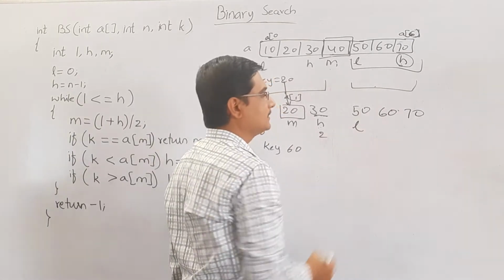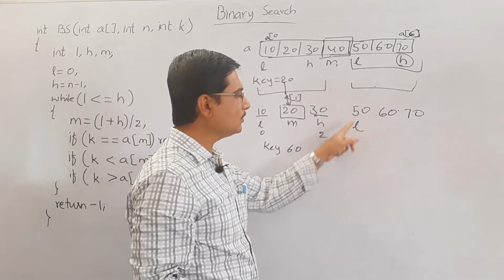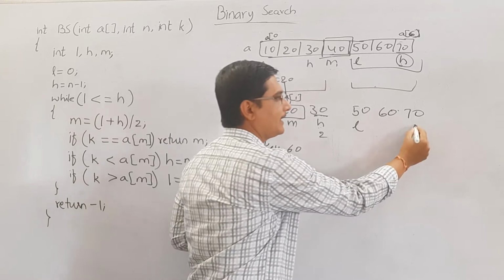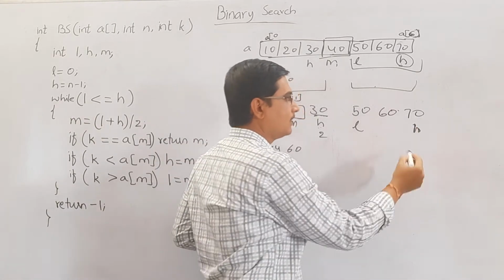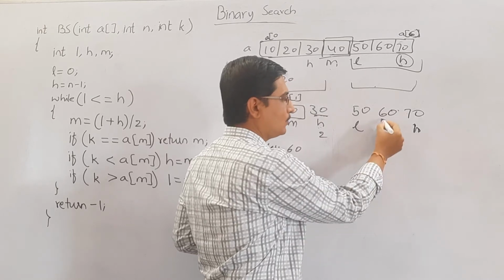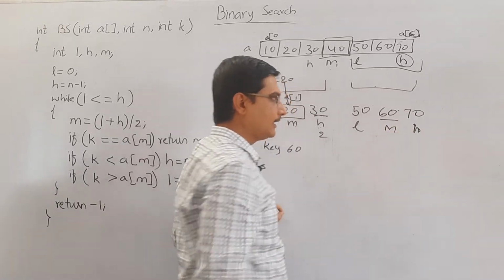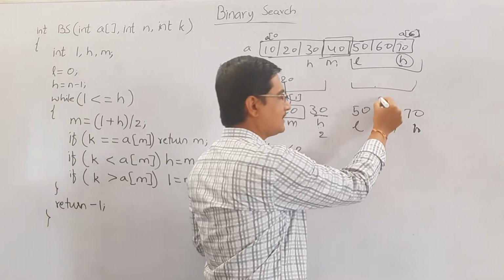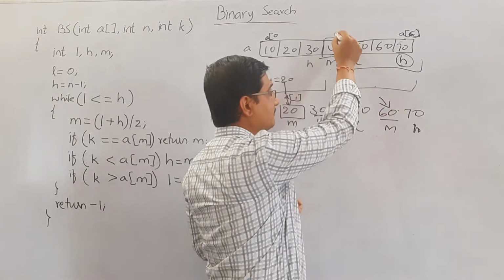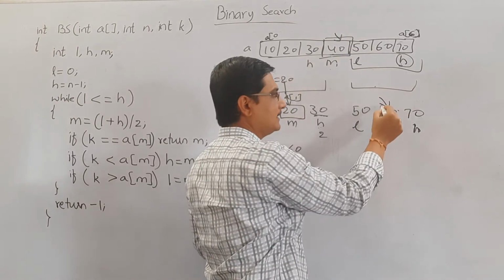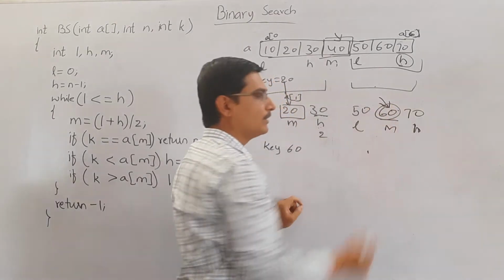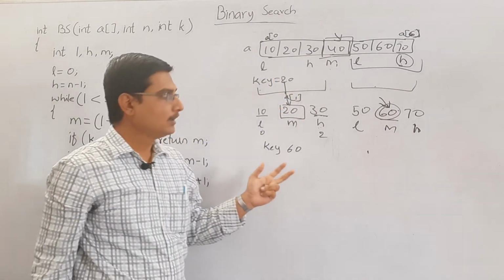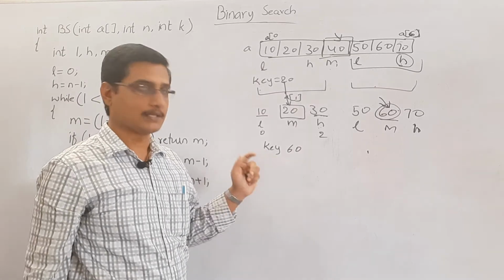Here low is pointing to this element and high is pointing to this element. So low plus high divided by 2, we will get this as the middle, right? So we are going to match that with this one. This is the first comparison, this is the second comparison. Here again we have got the element in only two iterations, or two matchings, right?